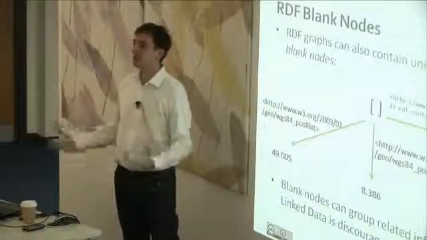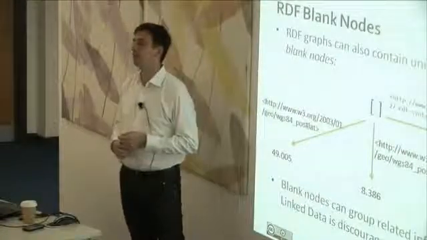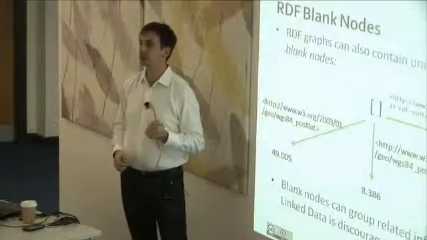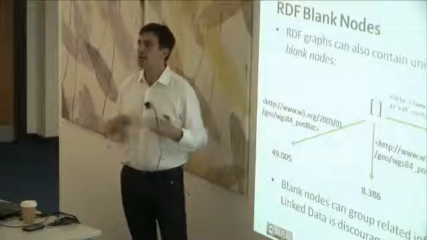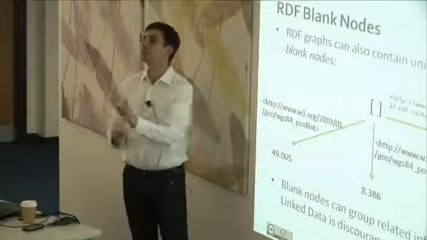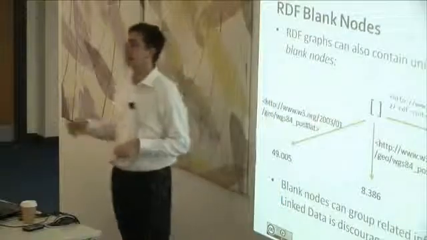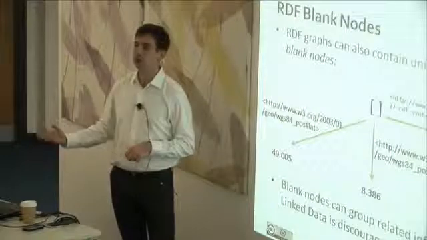It doesn't have a shared identifier, okay, that would let other people also talk about that node in the graph and make new statements that lead into it or that lead out of it. The reason sometimes we have such nodes in our RDF graphs is to group together information, so we need multiple arrows coming out of that node, but we don't want to name it, we don't want to share it.